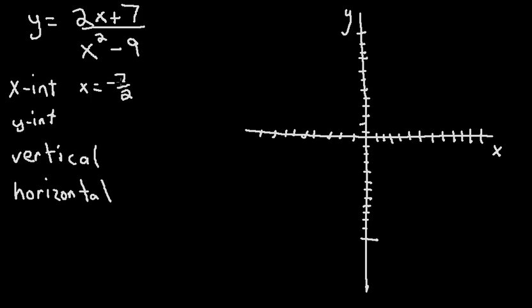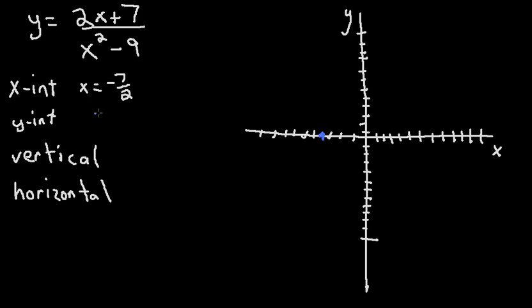Well, this is referring to when this graph will cross the x-axis. Where is negative 7 over 2? Estimate, 2 goes into 7 about 3 times? That's about negative 3.5. 1, 2, 3, about here. Let me change up my color. Okay, so negative 3.5, about here in estimate.